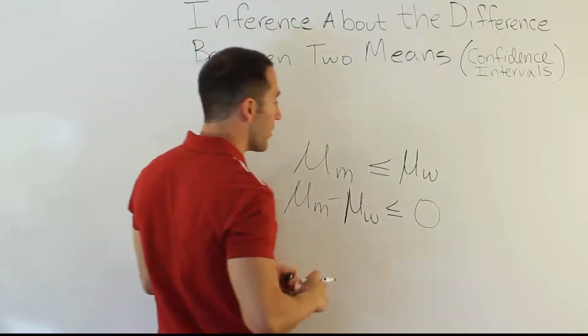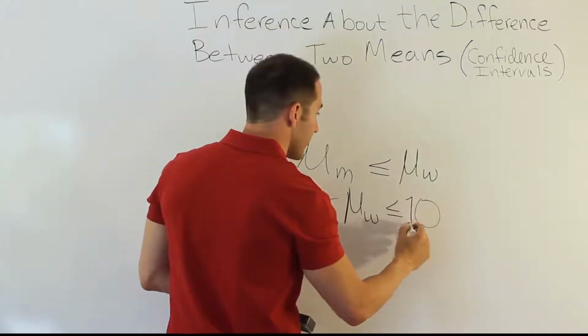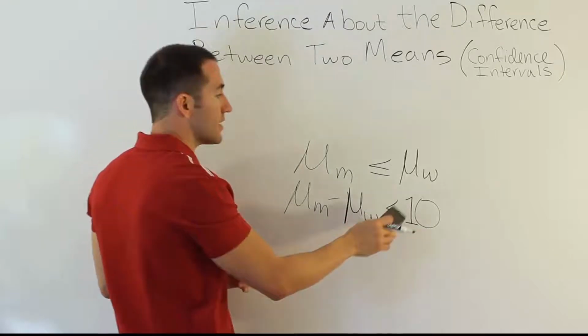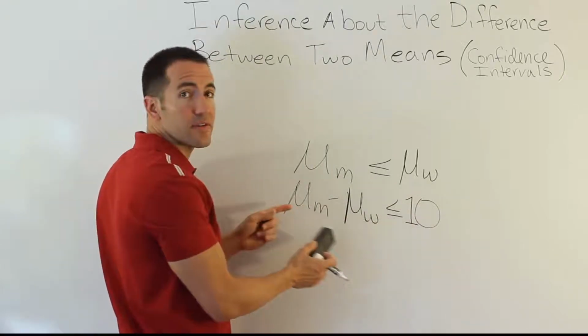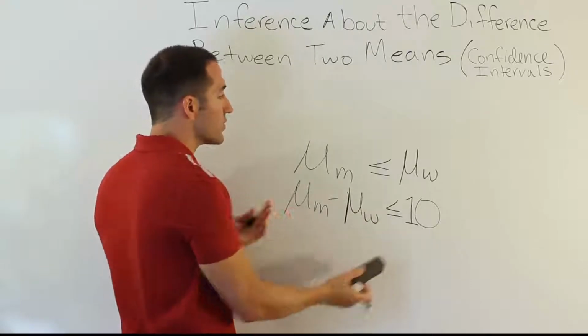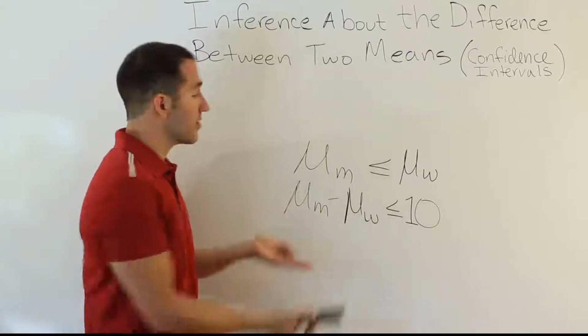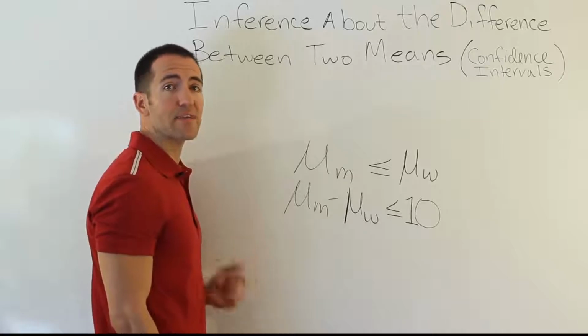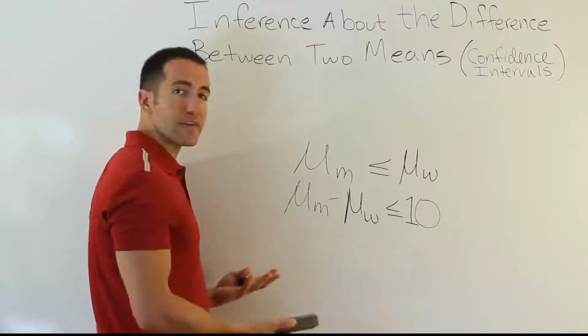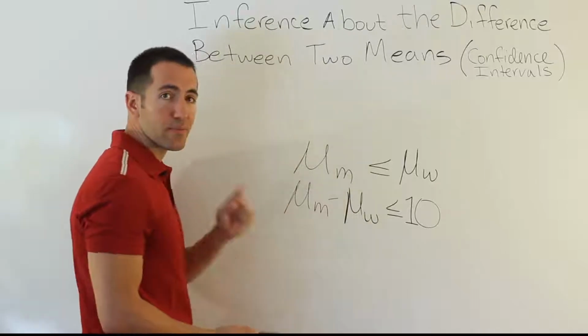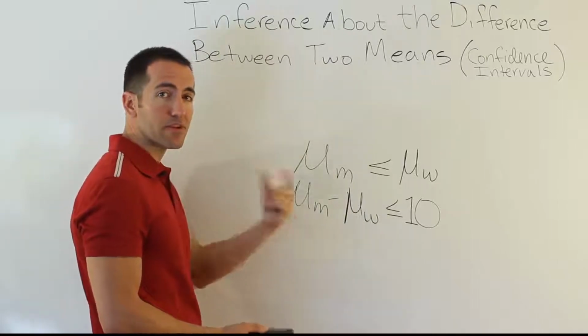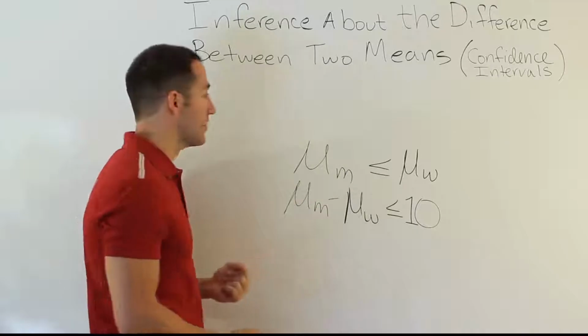I could actually say, well, hey, maybe that difference is less than or equal to 10, right? So the difference between men and women, the value separating their two scores is less than or equal to 10. I could make an inference about that and test that if I wanted to. So we have a lot of flexibility here. But basically the whole idea is we're comparing two population means as opposed to just looking at one population mean and trying to estimate it or compare it to a value.